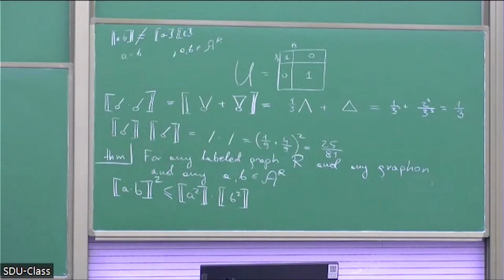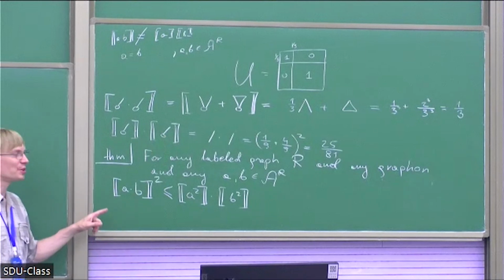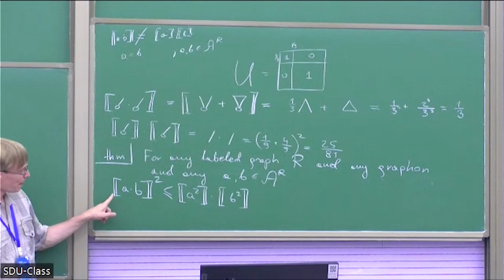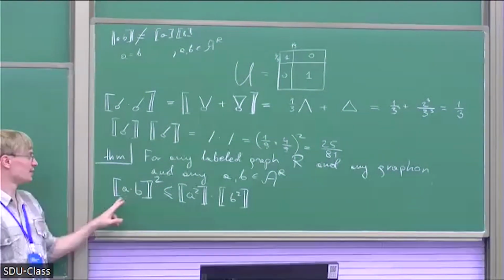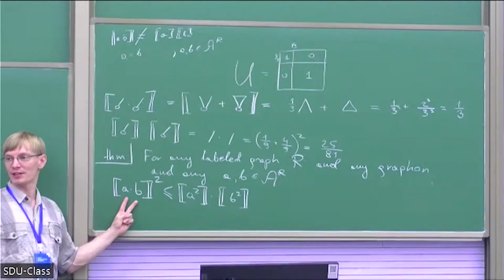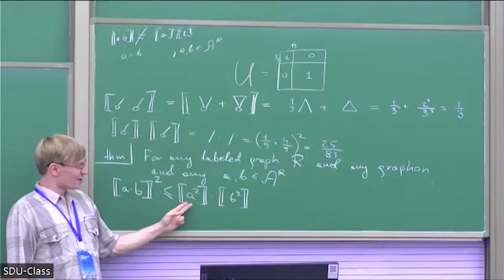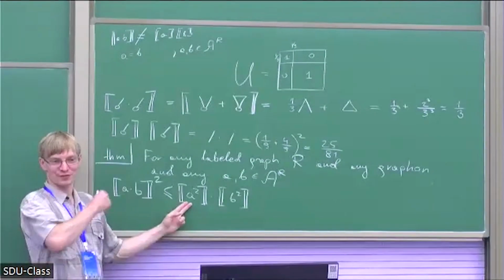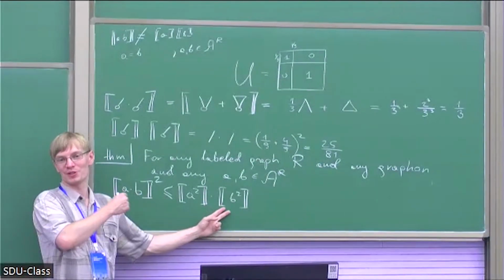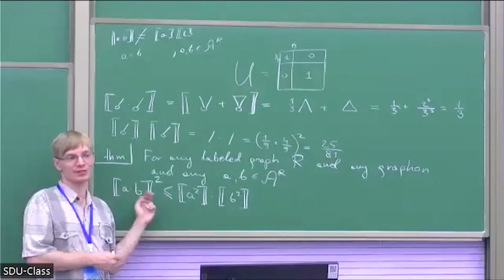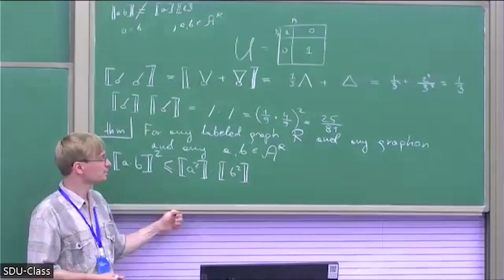If you think about it, this is exactly the known Cauchy-Schwarz inequality, because this is like squaring the sum over all products, which is less than or equal to the sum of squares of the first elements times the sum of squares of the second elements. This is like a Cauchy-Schwarz inequality.